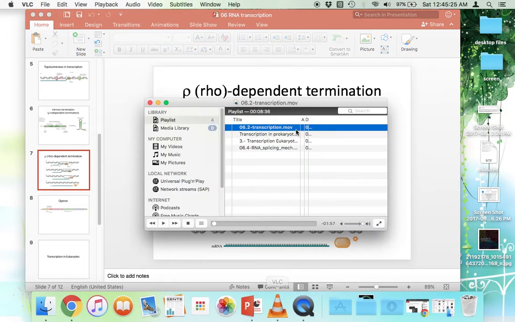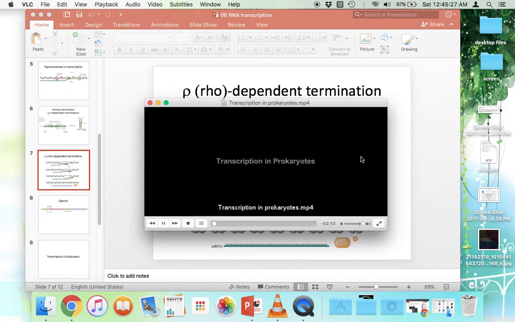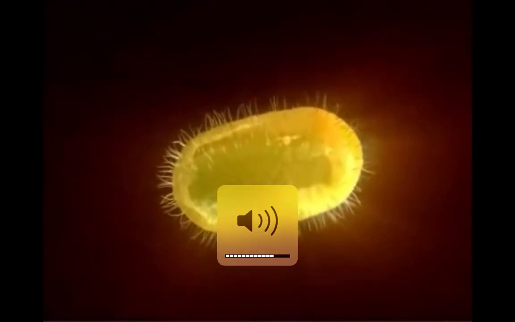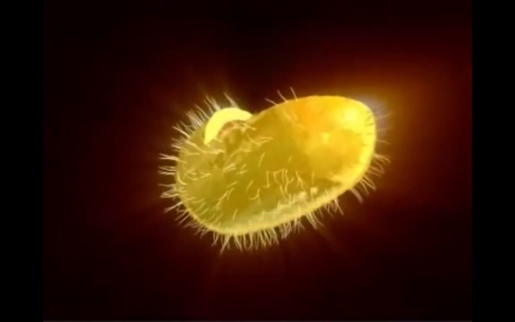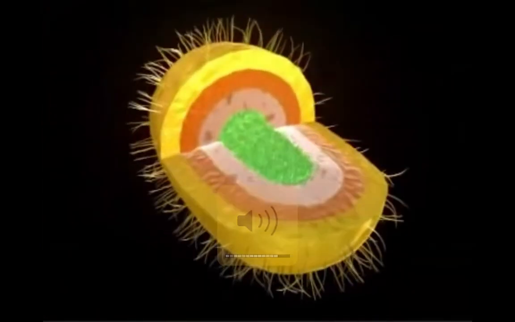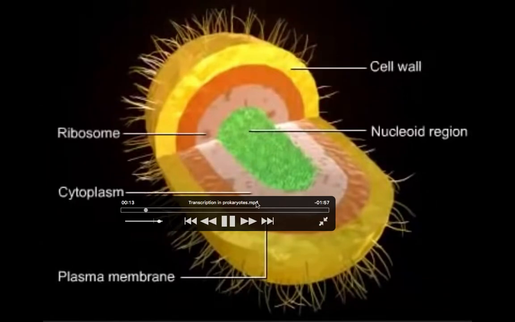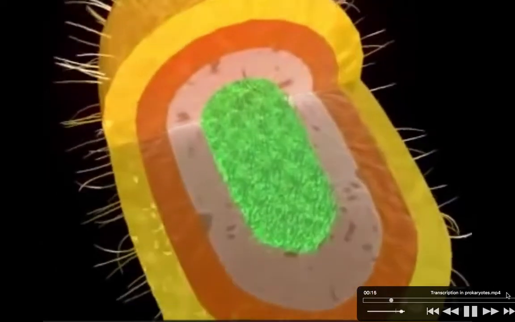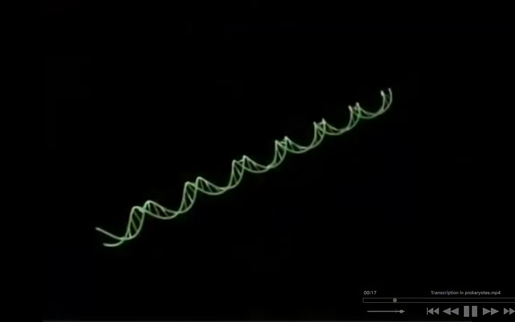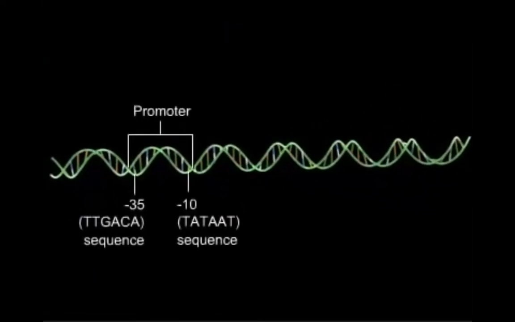So it's a video on transcription in prokaryotes. So this is a prokaryote. These are all its other regions. This is your DNA. So if you can see, this is your Pribnow box, which is found in the -10 region and your -35 region.